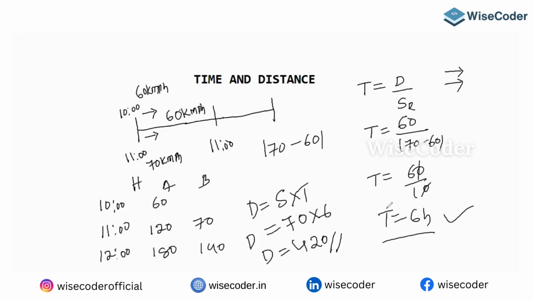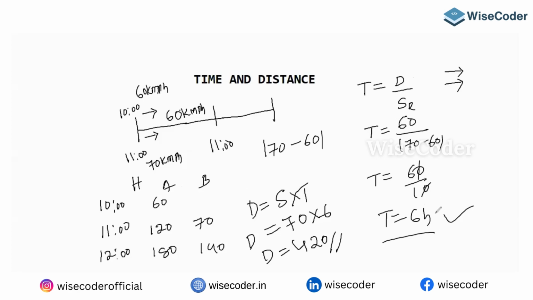Guys, the concept is very simple. Both are moving in the same direction. When both are moving in the same direction, you have to understand one point. It is going to take the distance of 60, that is covered at a relative speed of 10.